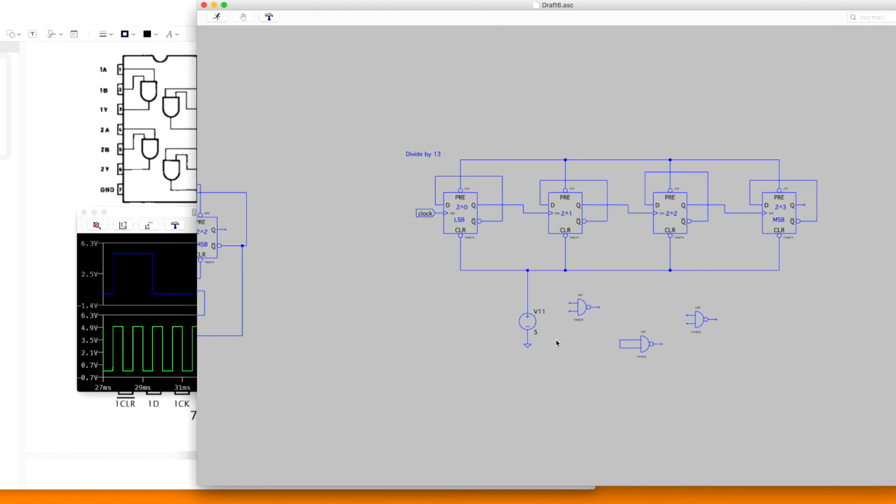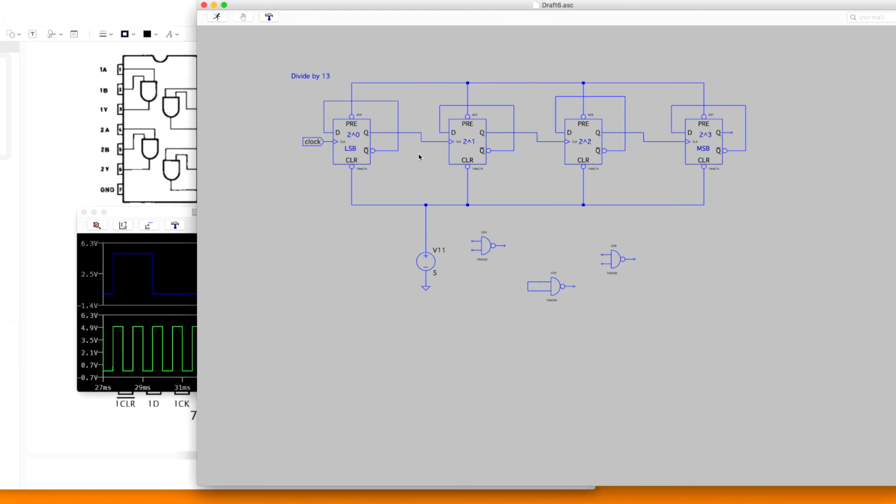Okay, so we will tie stage 1. Well, you know what? We'll call stage 0 with stage 2.